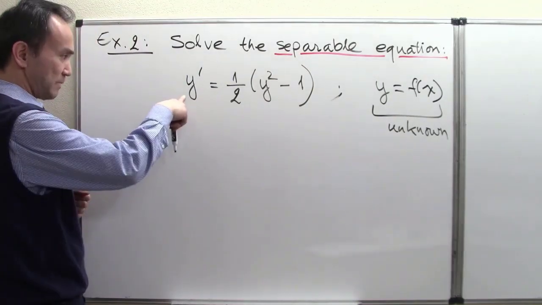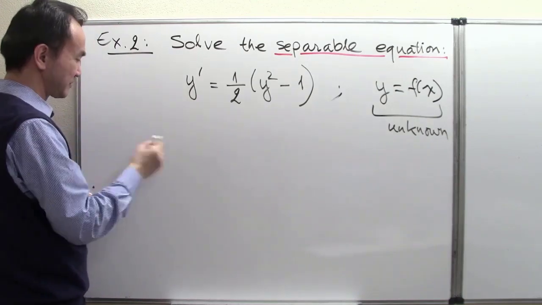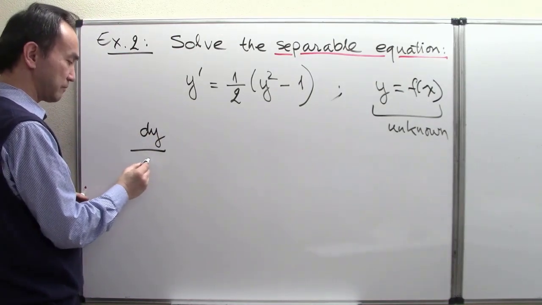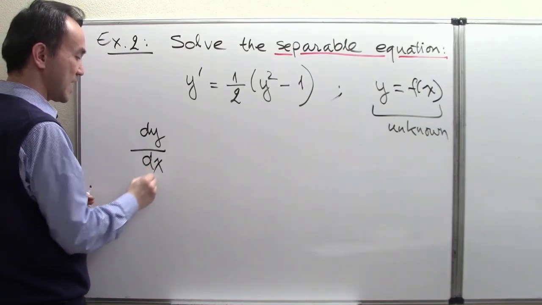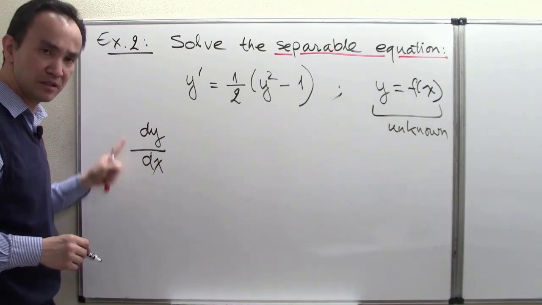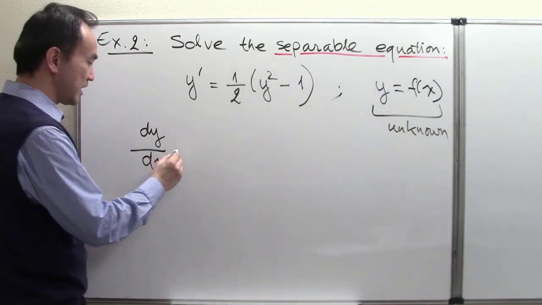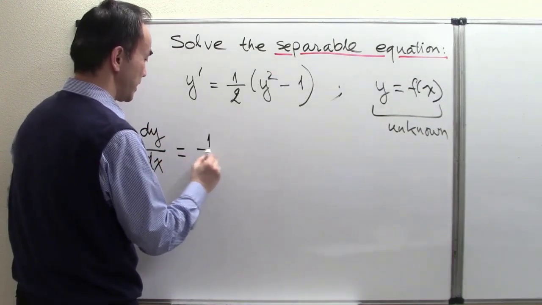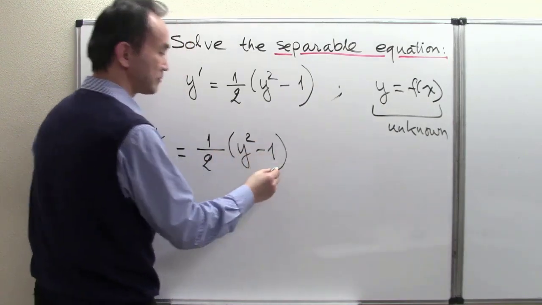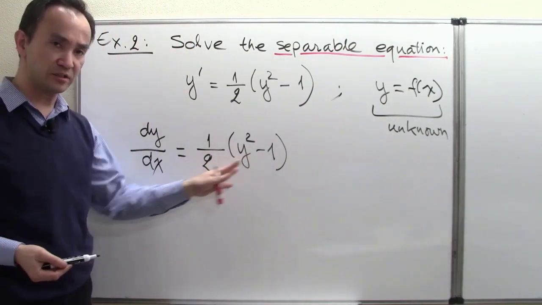Now, the left-hand side, y prime, we're going to rewrite in Leibniz notation, dy dx. We learned this from calculus 1. The right-hand side is 1/2 times y squared minus 1. I'm leaving that the same for now.